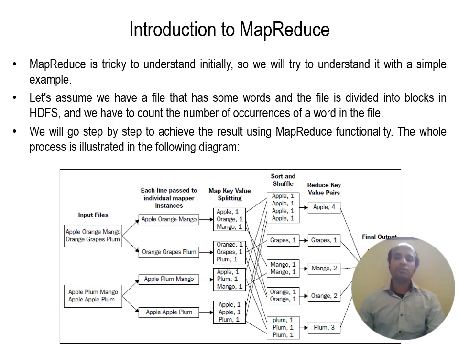Then after the shuffle and sort phase, we have the reduce phase, the aggregating or summarizing step. The reducer function is applied to each unique key and its list of values. It processes the list to produce a final and smaller output.